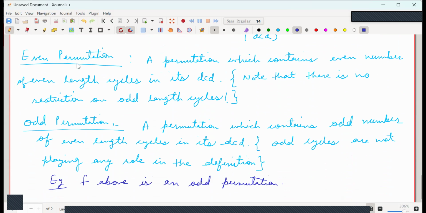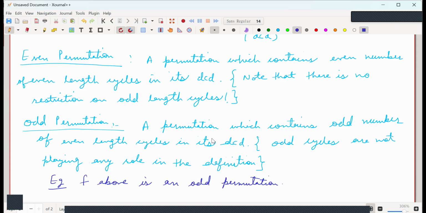There is a more fundamental thing which is known as transpositions, and even permutations are just the permutations which can be written as a product of an even number of transpositions, and odd permutations are those which can be written as an odd number of transpositions. So there is no need of even length cycles or odd length cycles.